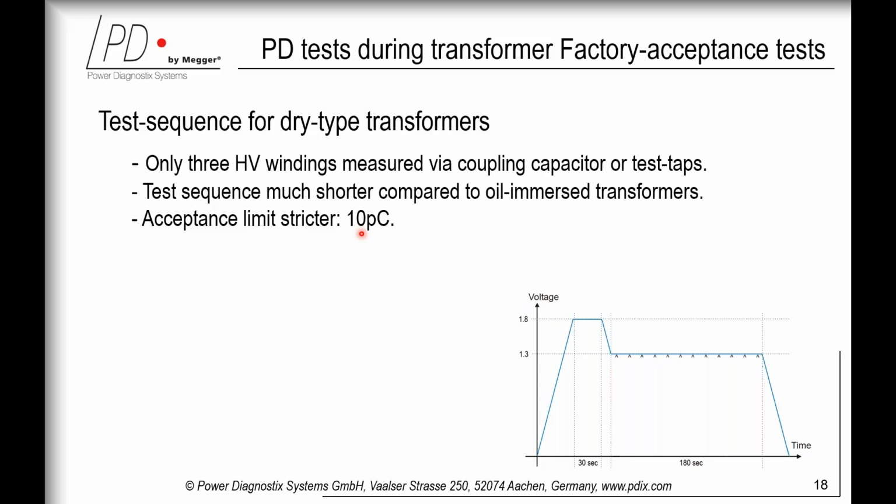However, experiments have shown that even these 10 minutes may not be sufficient, and consider longer periods of 15 minutes or more. So when we take this into account, taking a look at dry type transformers, we have only 180 seconds testing time. So the 180 seconds testing time may not be sufficient to detect PD reliably.